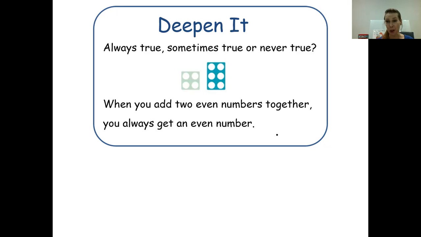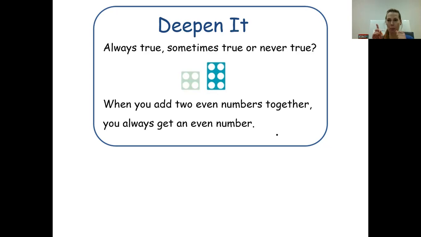You can't just do 2 number sentences from this either, because sometimes true, if you've got 2 that give you the same result, but again, that's not enough to tell you whether it's always true. So I would like you to do at least 6 number sentences. That's my challenge for you today.